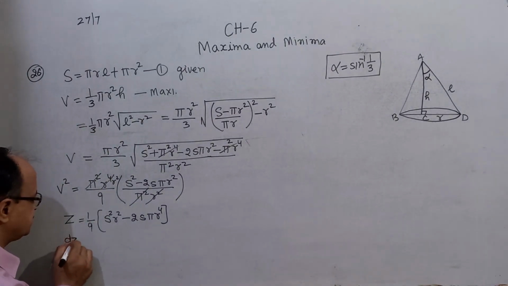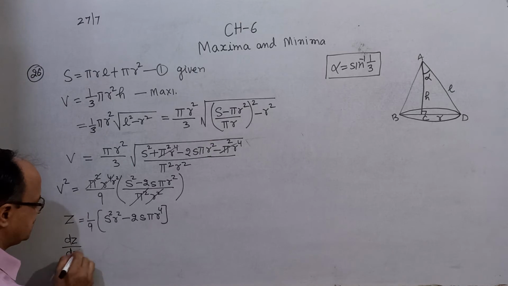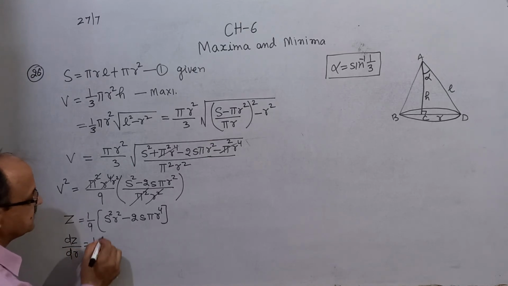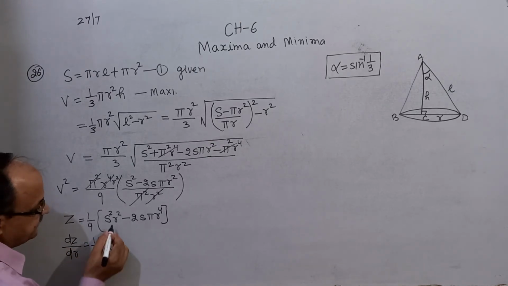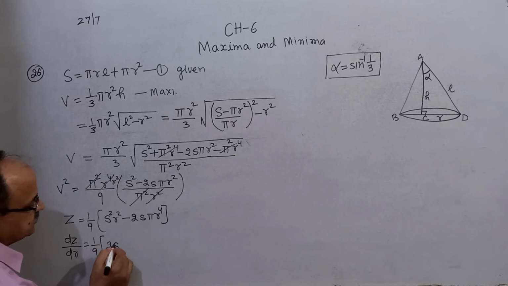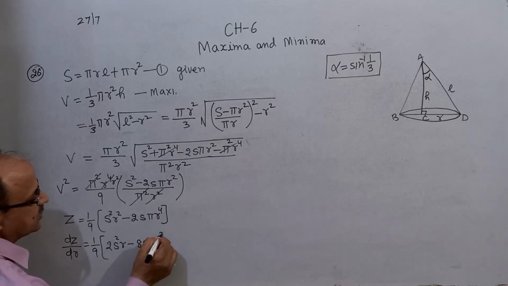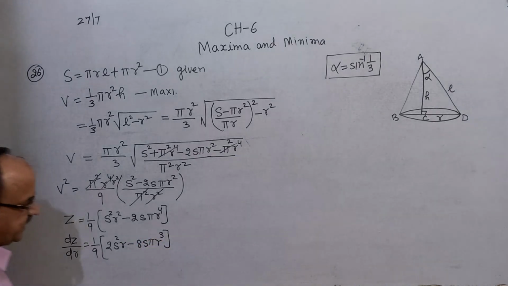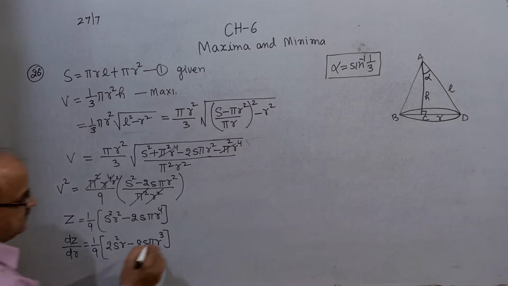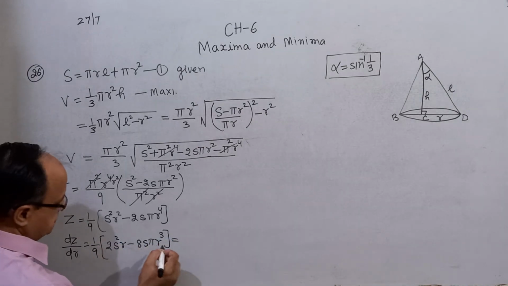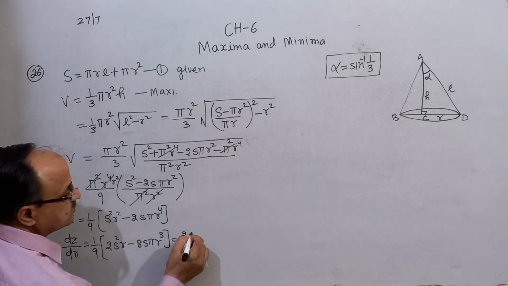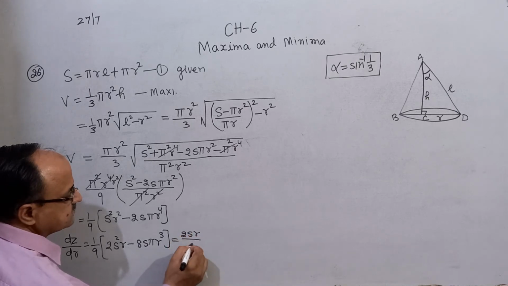Now differentiate both sides with respect to R. We get 1/9 times (2 S square R minus 8 S pi R cube). Now take 2SR common.